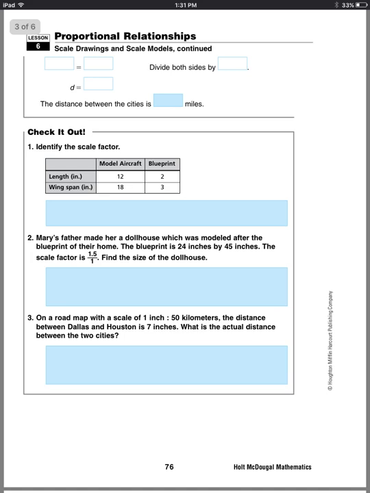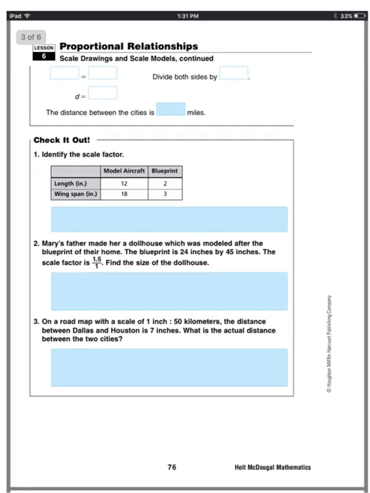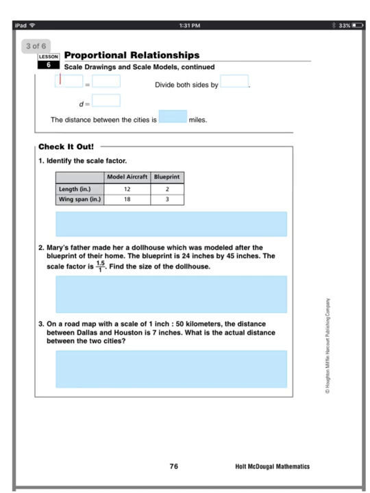So then we just have to continue our problem, and we had 1.5D equals 450, right? So we divide both sides by the coefficient of 1.5. These cancel, we bring our D straight down, and 450 divided by 1.5 is 300. So the distance between the two cities is 300 miles.